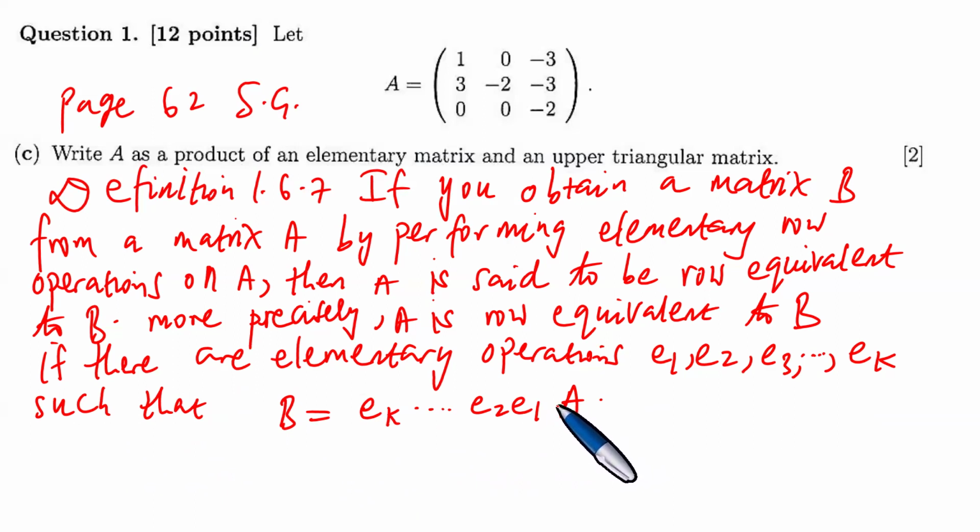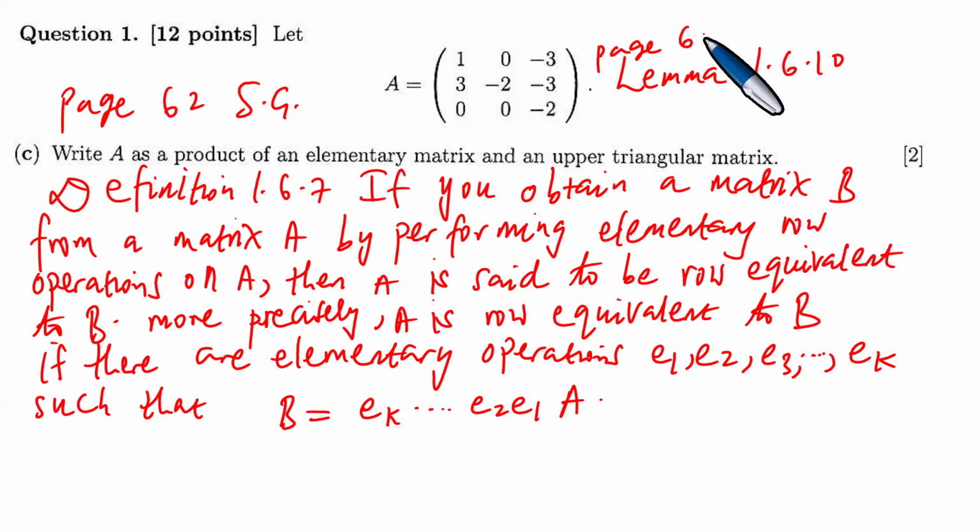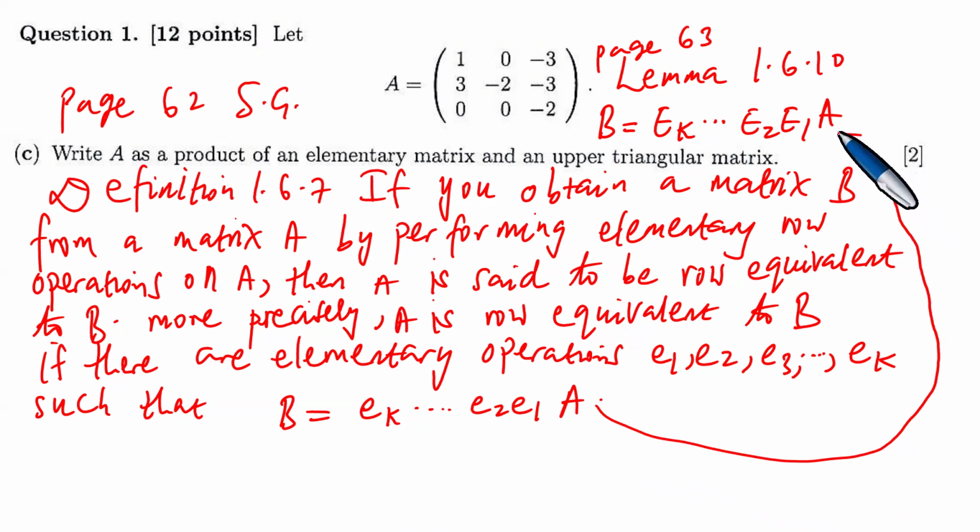Most importantly, according to Lemma 1.6.10, which appears on page 63, the matrix B is equal to EK times E2, E1 times A. These elementary operations can be paraphrased as elementary matrices, meaning the first elementary operation multiplies A first.